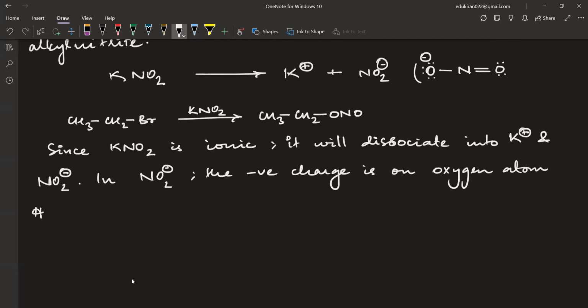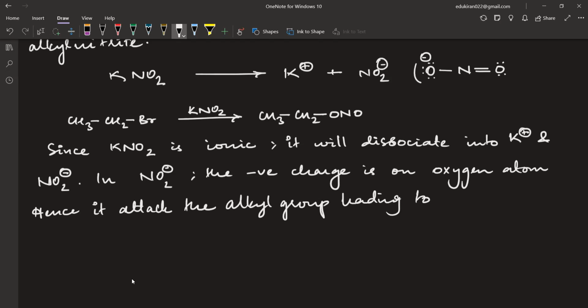Hence it attacks the alkyl group, leading to the formation of alkyl nitrite.